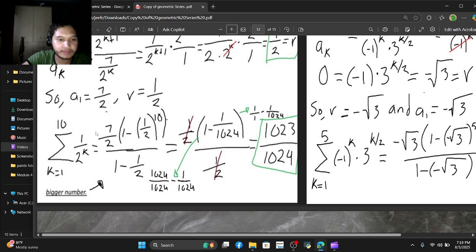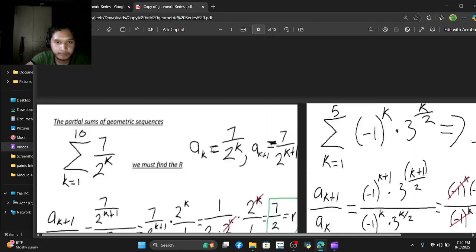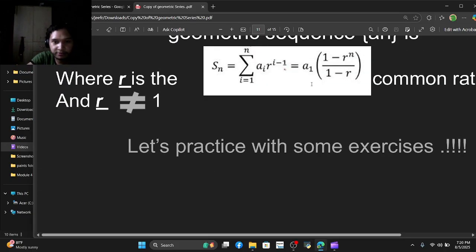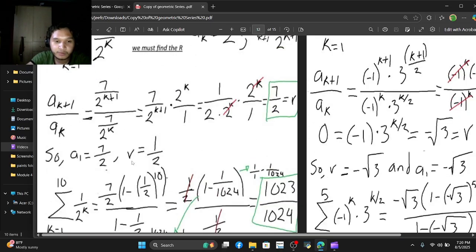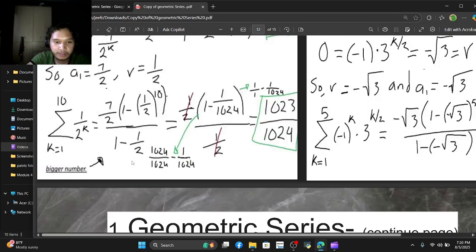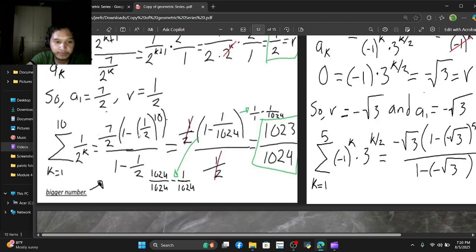So this is 1/2. I'm going to explain why. Because we're saying that this has to be the first term, times this number, which is 1 minus the ratio.